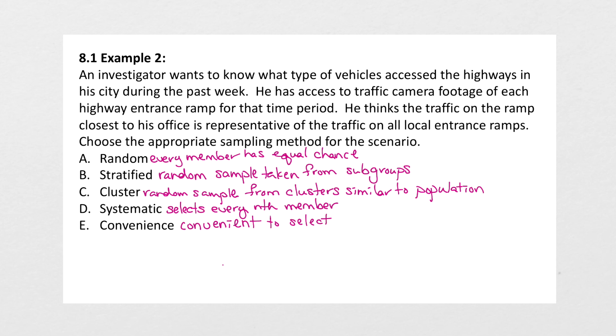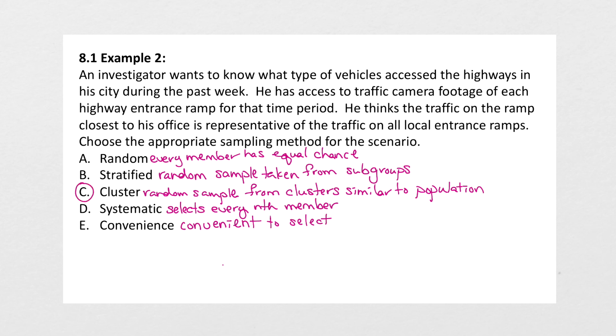Convenient because he's saying that the ramp closest to his office is representative. But that's not necessarily the case. So I think what we need to do is look at clusters here.